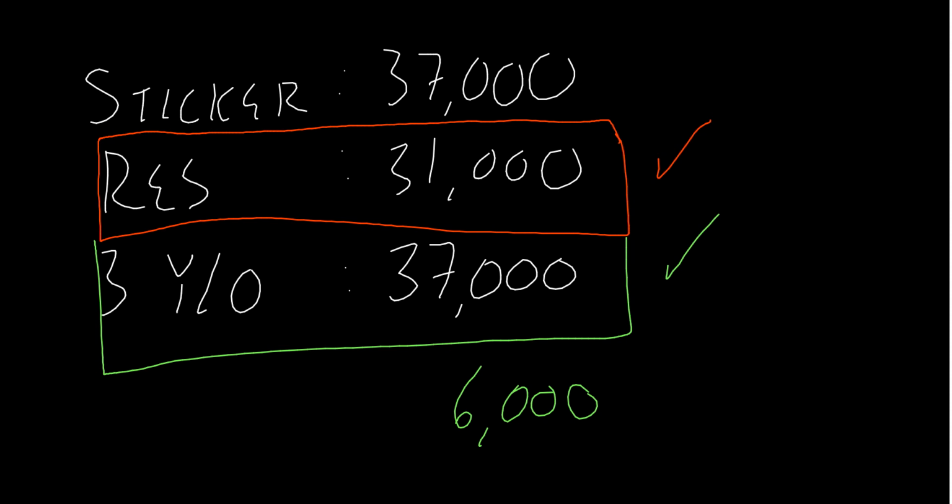Right? And let's just say I don't get the full 37,000. Let's say I get 36,000, and that's still $5,000. So now what I can do is use this $6,000 as trade-in credit towards a new or used vehicle at any dealership. And that is the power of leasing.